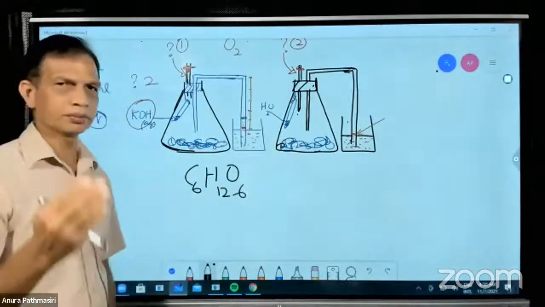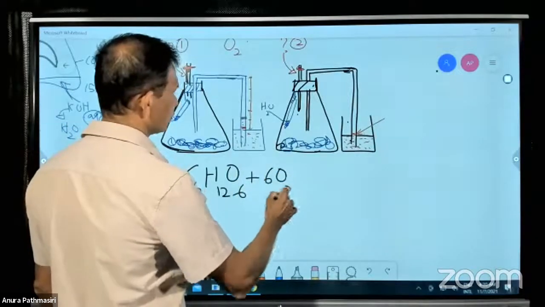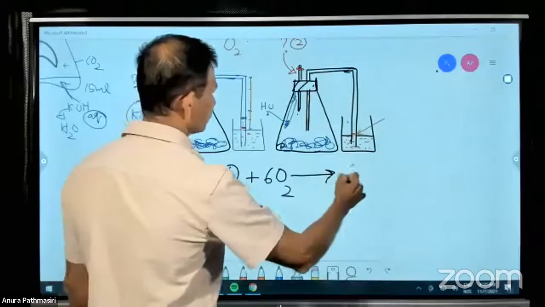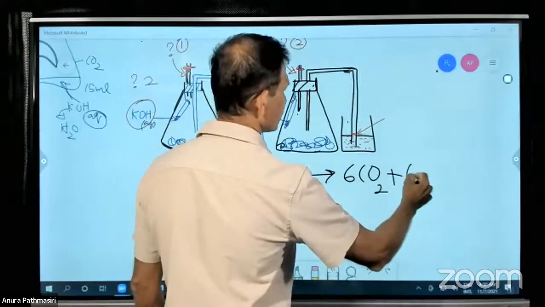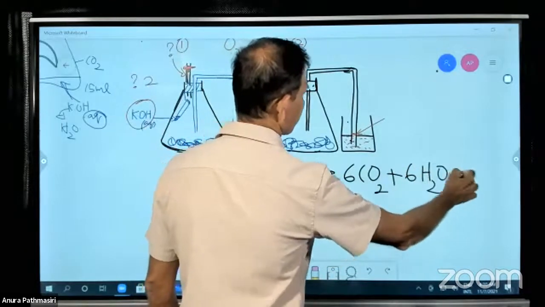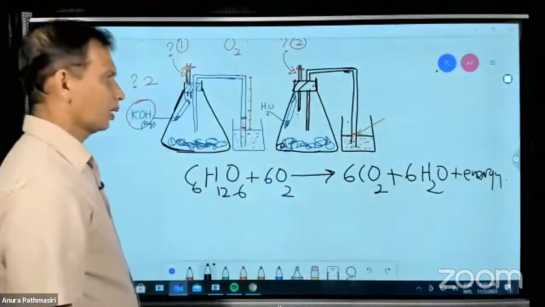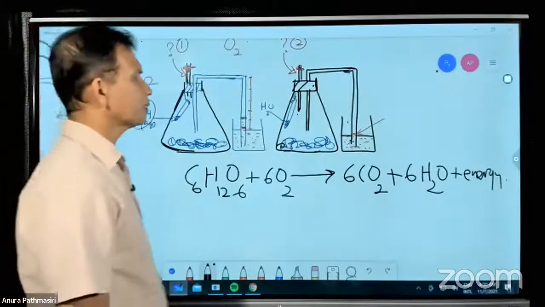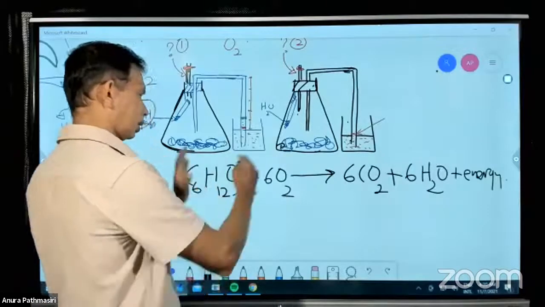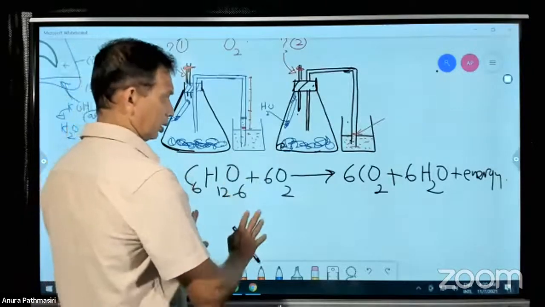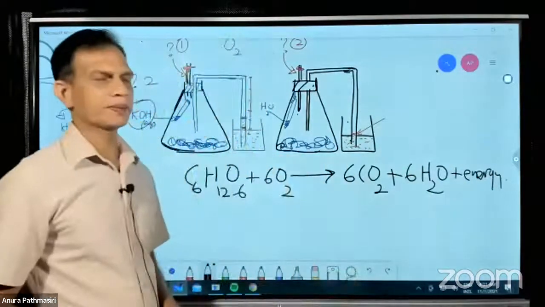The seeds have the starch, and then 6 oxygen is required to make 6 carbon dioxide and 6 water and energy. So that's the one. As you can see, the amount of oxygen and carbon and hydrogen used for the respiration is exactly available in the production as well.